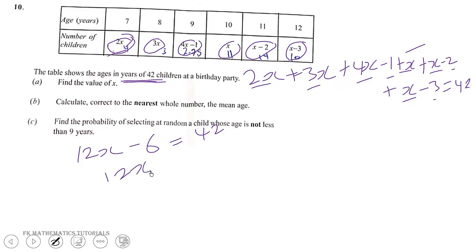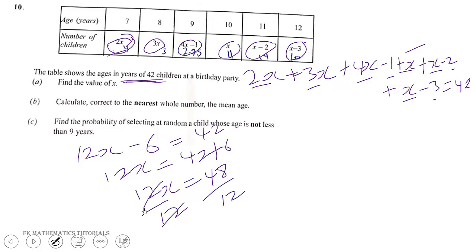So 12x will be equal to 42 plus 6. 12x will be equal to 48. So dividing both sides by 12, you get x to be equal to 4.